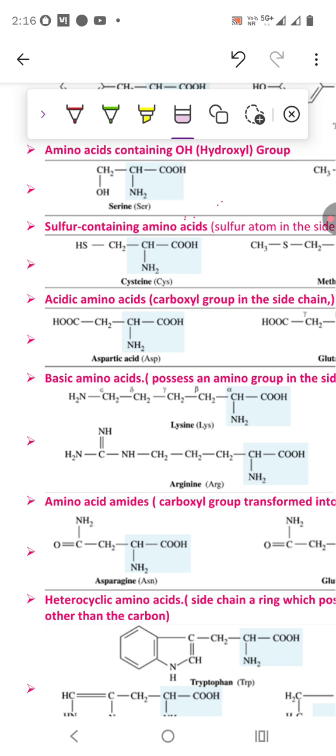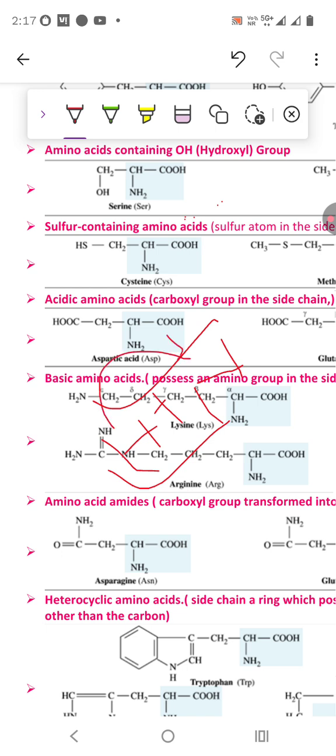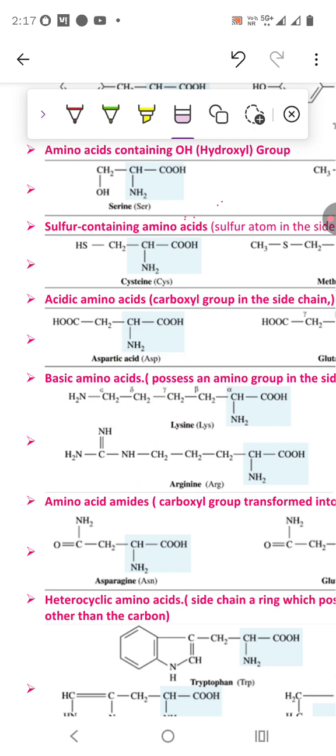Since a nitrogen having a lone pair will accept a proton, according to Bronsted-Lowry theory, it is a base. That's why it is called basic amino acids. Basic amino acids contain an amine, and because of this nitrogen it will accept a proton, because nitrogen has a lone pair.